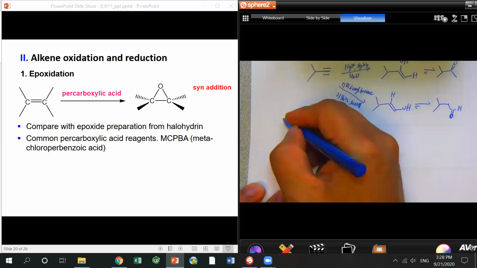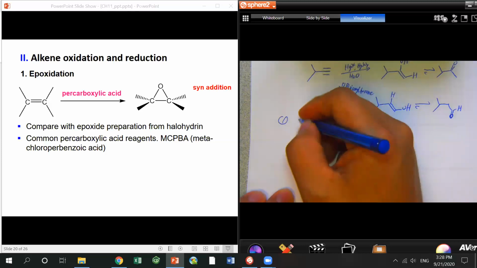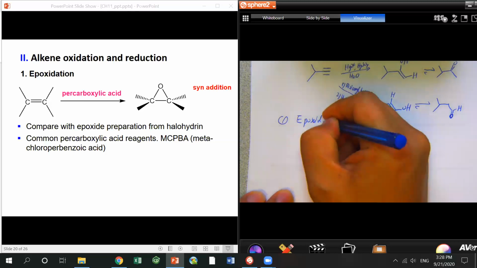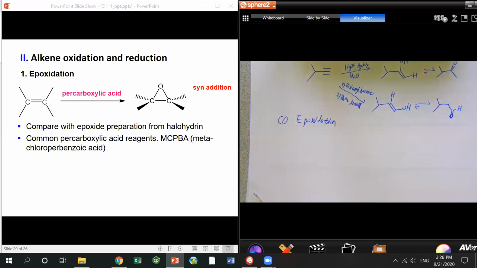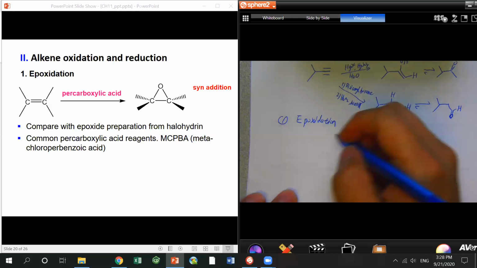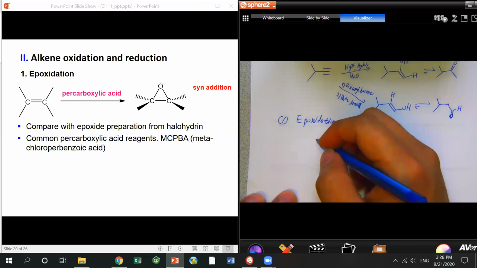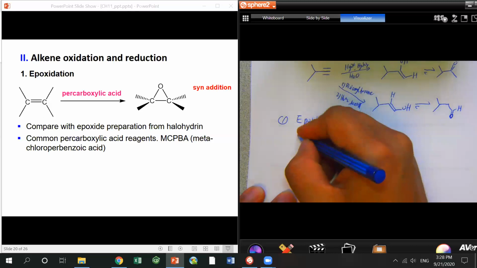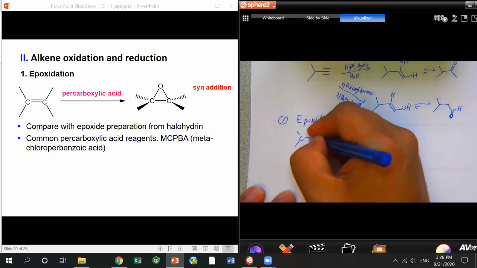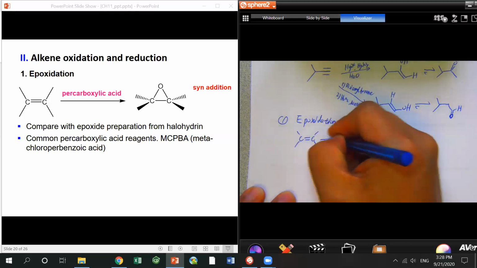The first one is epoxidation. That's just one step where you convert the alkene into an epoxide. The general reaction is shown there, and I will also quickly draw it.